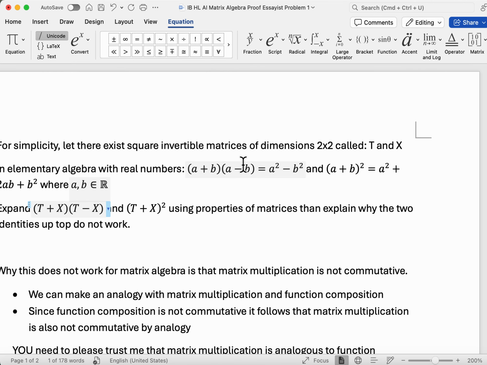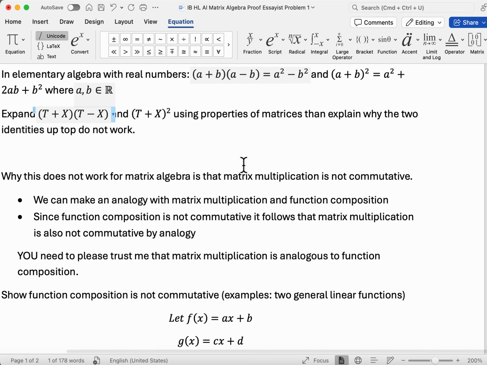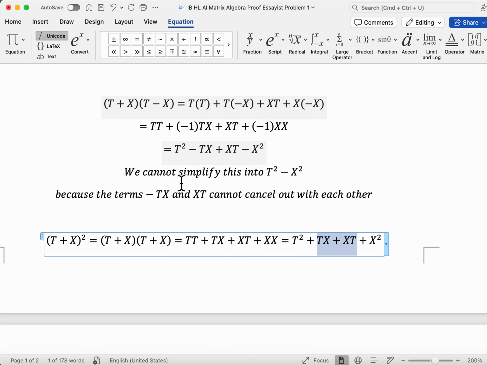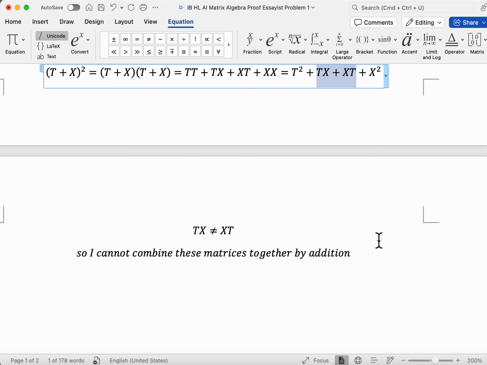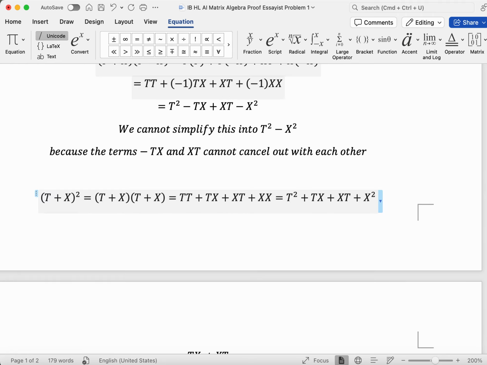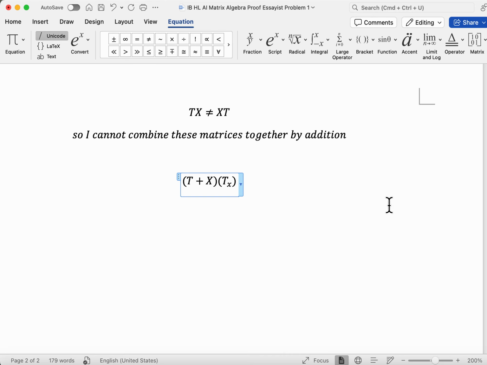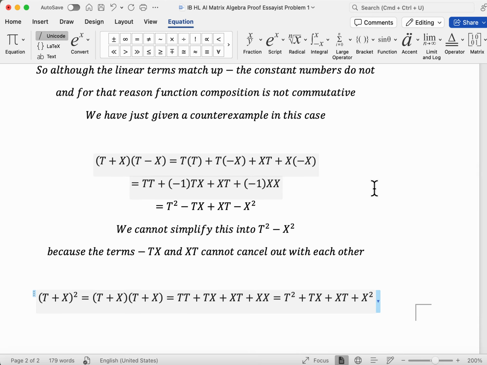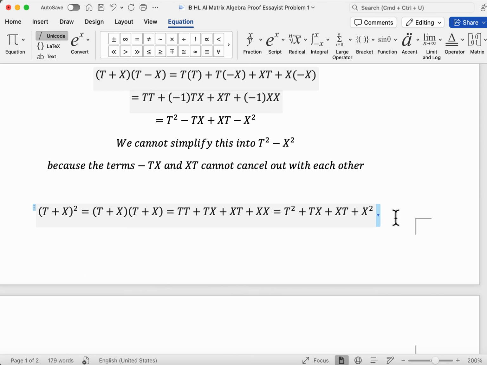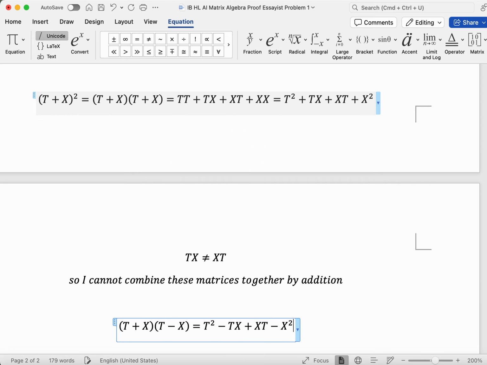I guess it works for any n by n finite dimensional matrix, but for this case we'll consider it 2 by 2. So yes, let me write the key result that we've proven. t plus x times t minus x, oops, sorry, t minus x equals t squared minus tx plus xt minus x squared.